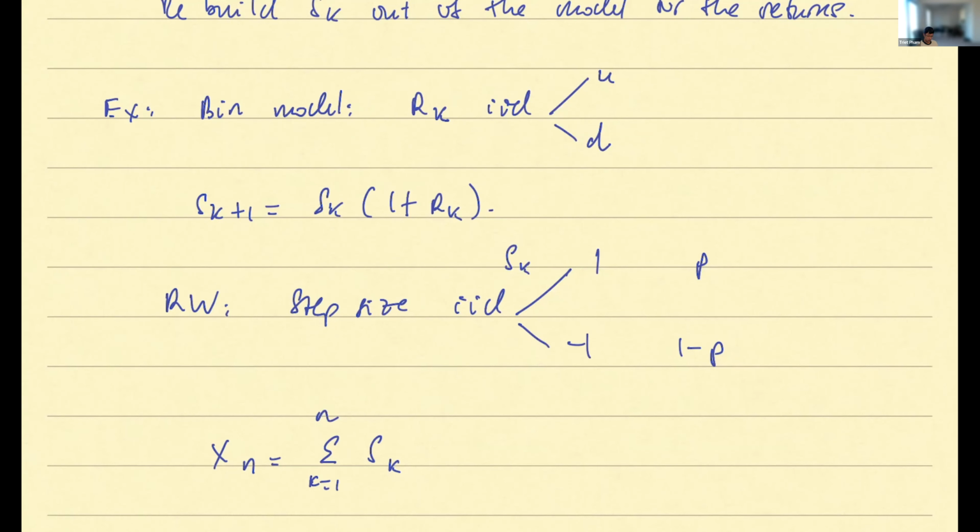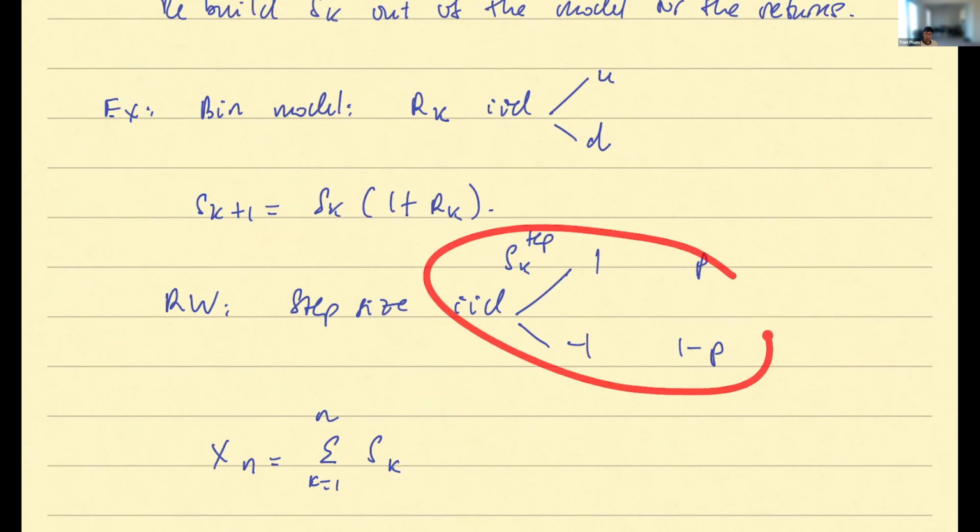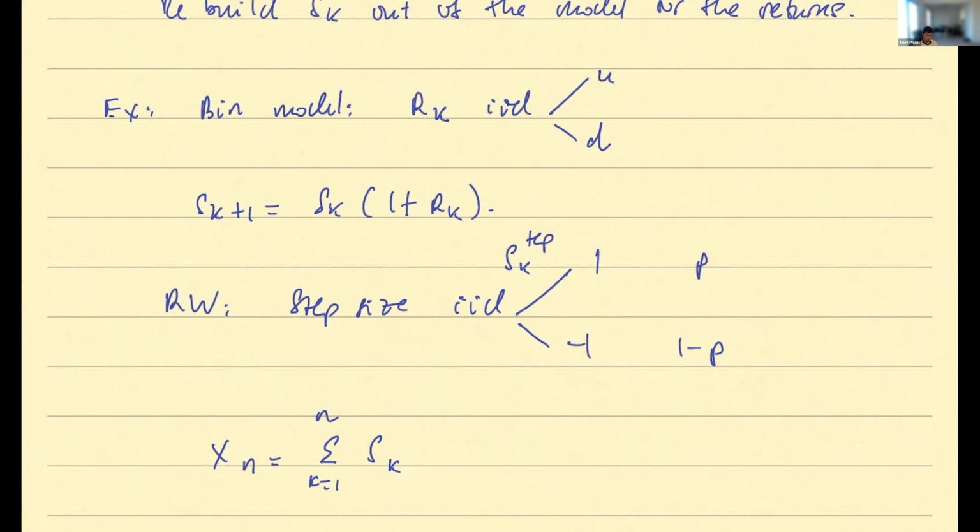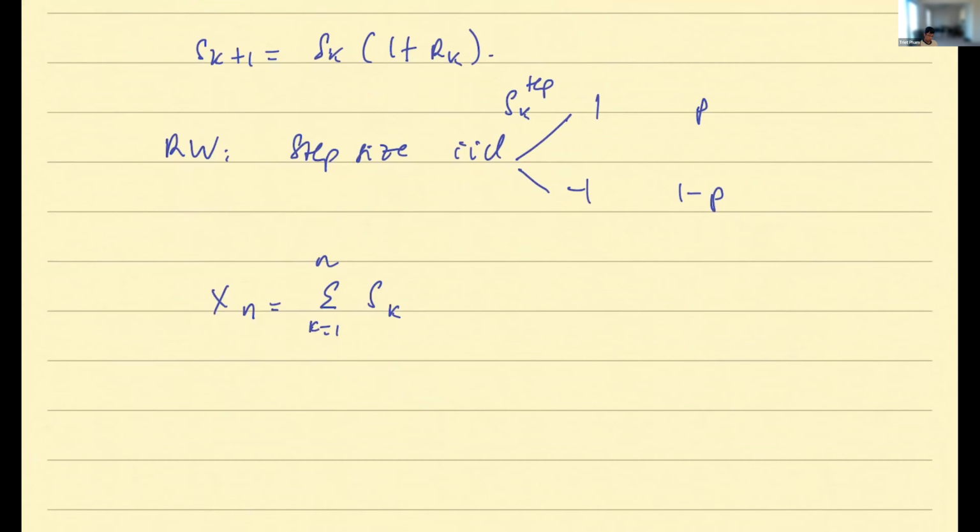By the way, the letter S here just means step. It doesn't have anything to do with the stock. So you model the step, and then you build the walk, which is the position of where you are based on the step. Brownian motion, which we'll look at next. You start to model Brownian motion by saying that dW is normal(0, dt).